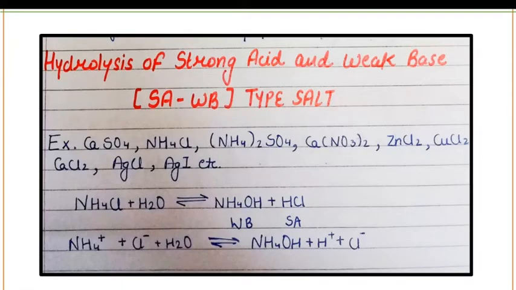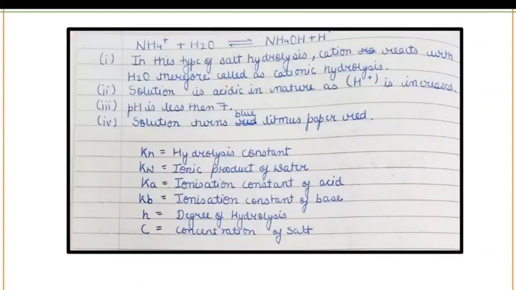Next, we have the hydrolysis of a strong acid and weak base salt. If you have any salt of a strong acid and weak base, then in this type of salt hydrolysis, the cation reacts with the water. Therefore, this kind of hydrolysis is known as cationic hydrolysis.